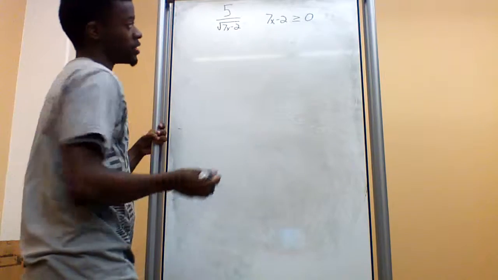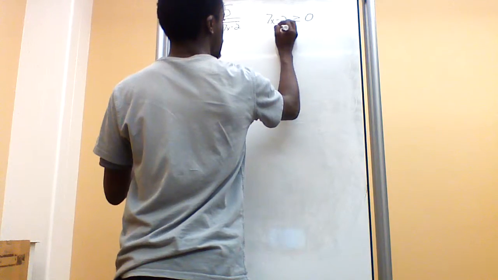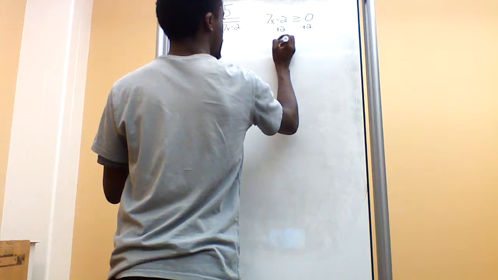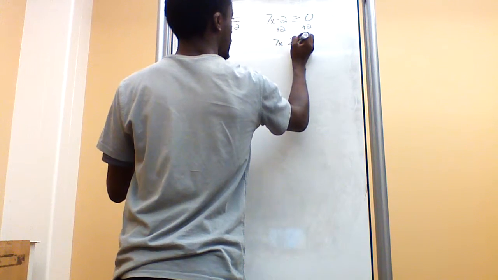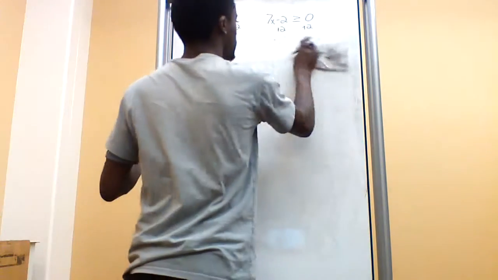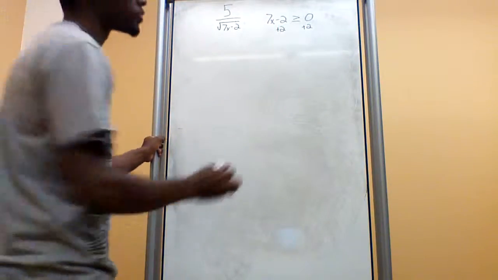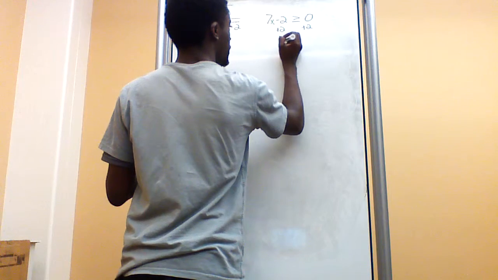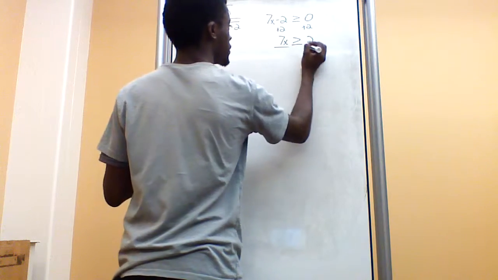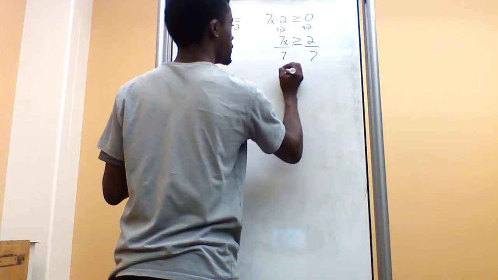So we're going to solve this like a normal equation. Plus 2, 7x is greater than 2, divide by 7.